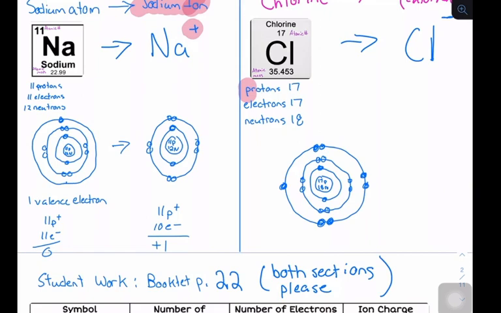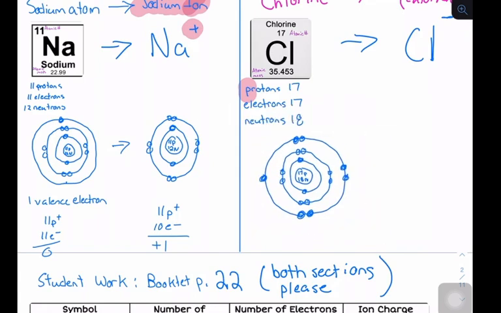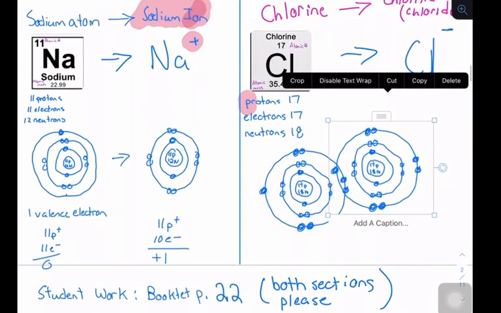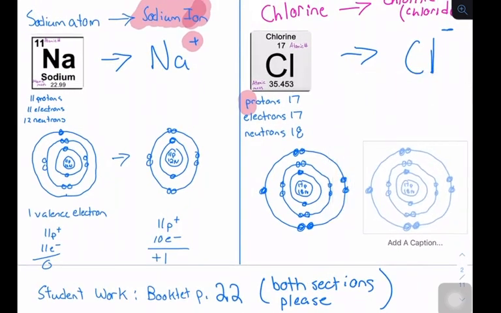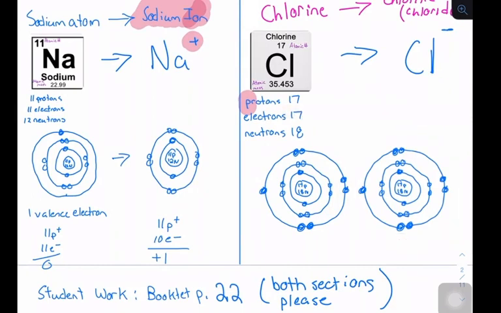So to draw what this looks like as an ion, I'm just going to move this over. I'm going to cheat a bit and copy it. And so chlorine will pick up 1 extra electron that I've drawn here in red.